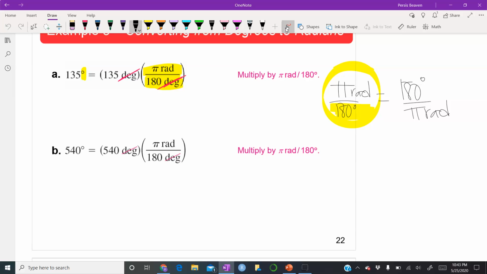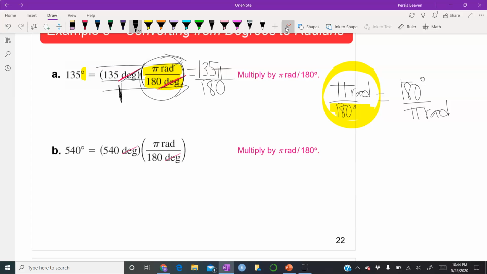So if we were to multiply 135 degrees by our unit conversion factor, 135 degrees times pi radians will equal 135 pi, and you can see here degrees cancel, and then 1 times 180, because that is how we multiply fractions straight across, will be 180.